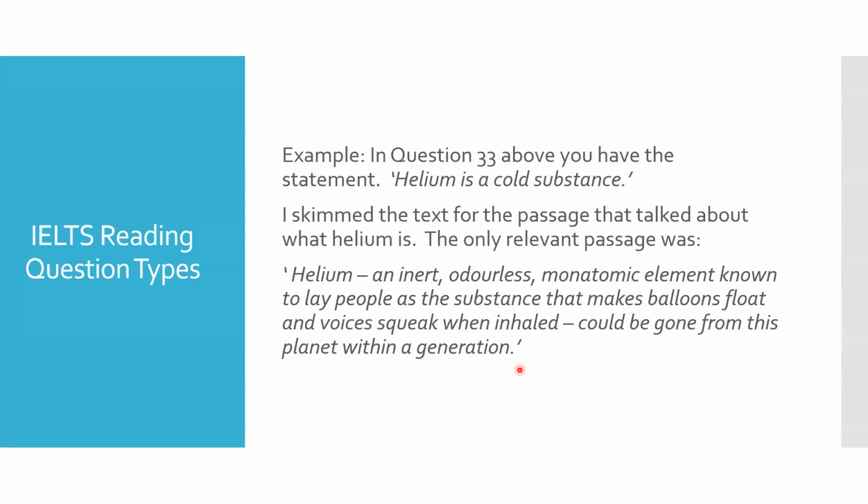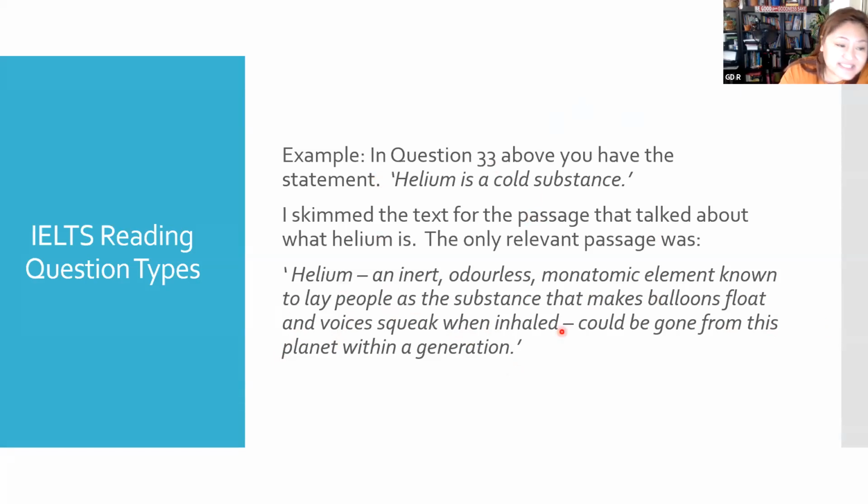Not given. Because in this passage, you cannot see anything that says helium is a cold substance, or even anything like helium is a hot substance, right? So it's either the opposite. You cannot find anything, so it's not given. That's correct.